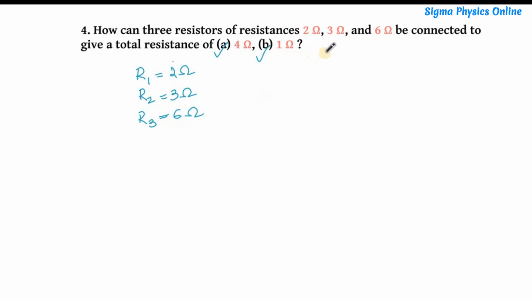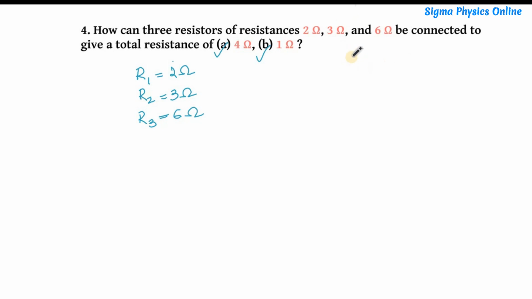So there are various ways of connecting these three resistors. We can connect all three of them in series, all three of them in parallel, or the first two in series with the third in parallel, or the first two in parallel with the third in series, or 2 ohm and 6 ohm in parallel with 3 ohm in series, or 2 ohm and 6 ohm in series with 3 ohm in parallel.